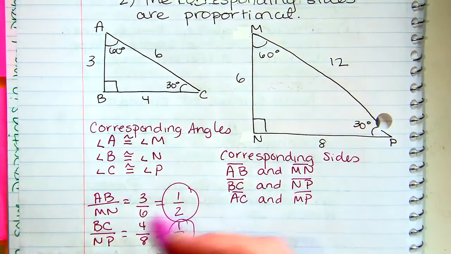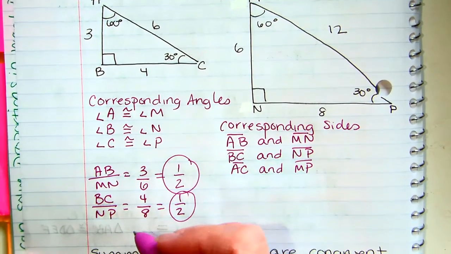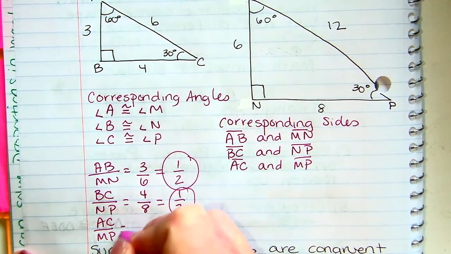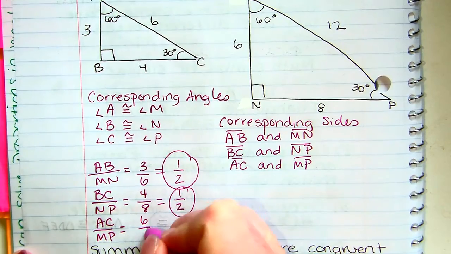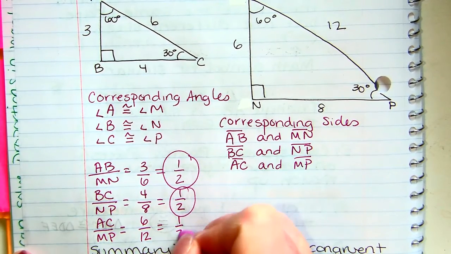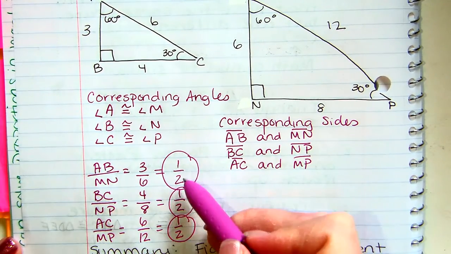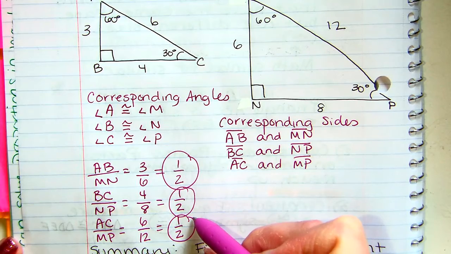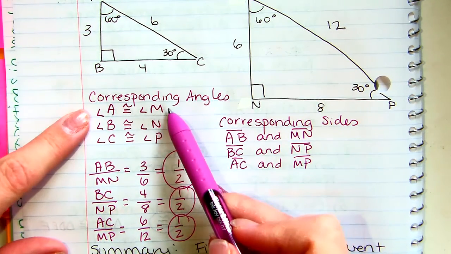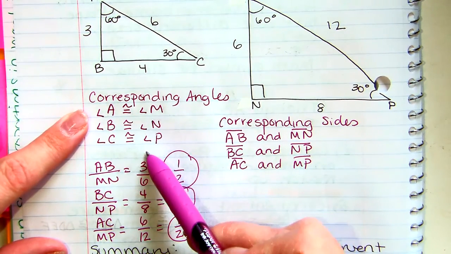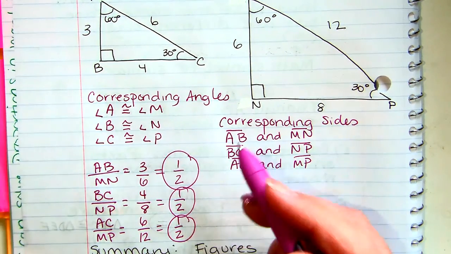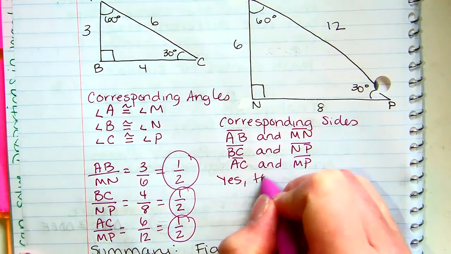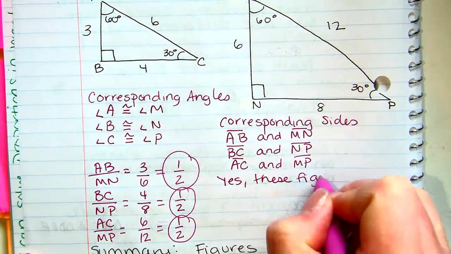So AC over MP, and that is 6 over 12, and that is 1/2. Because their ratios are all identical and their corresponding angles are all congruent, these two figures are similar. So you're going to write, yes, these figures are similar.